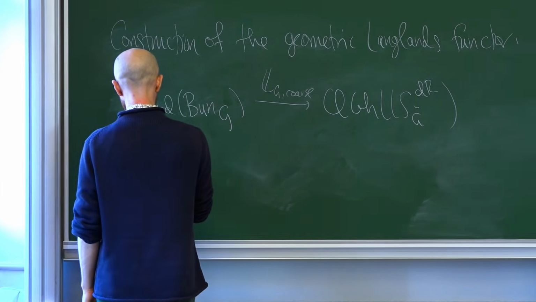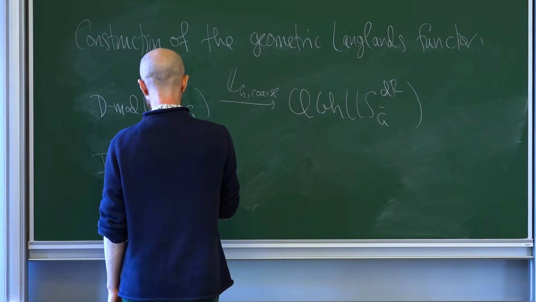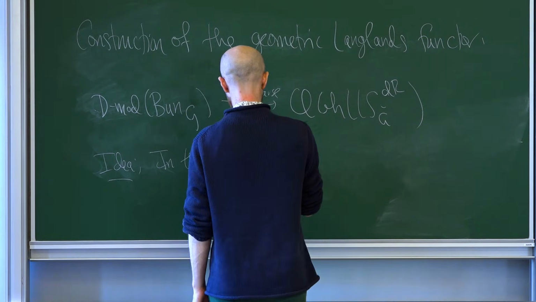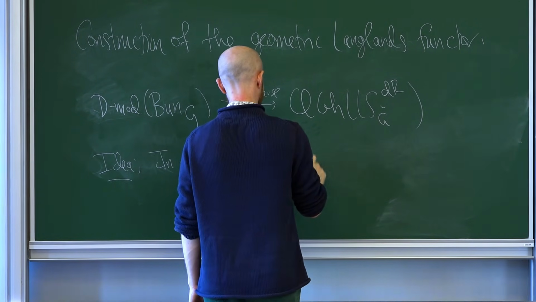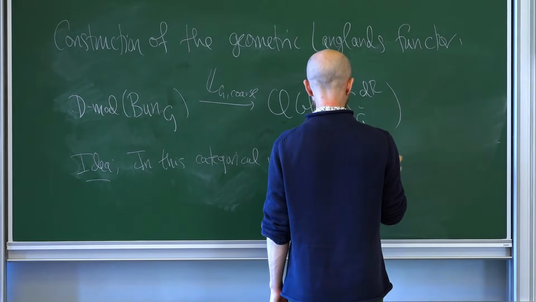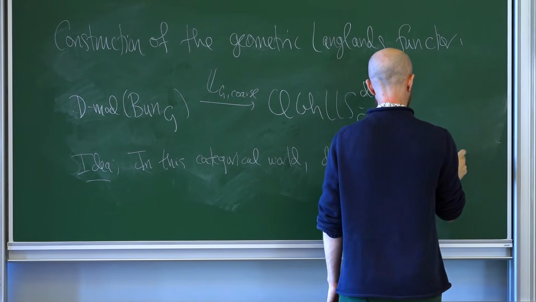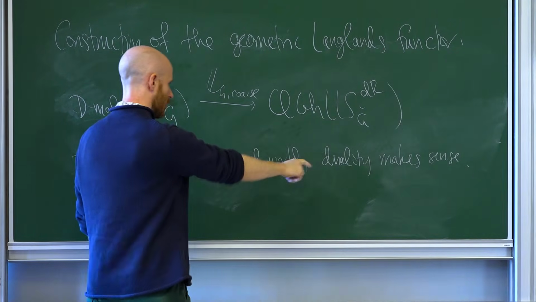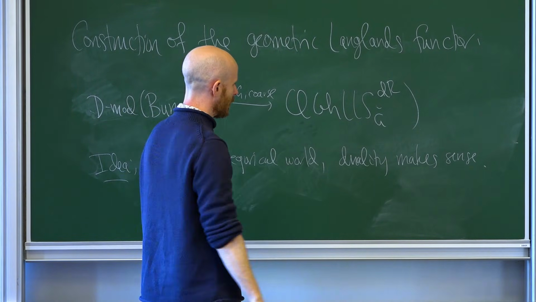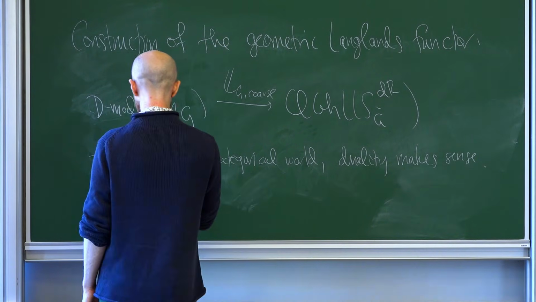Here's the idea. In this categorical world, you can talk about duality. You can talk about duals for categories. I've been writing this tensor product sometimes, and as soon as I have a symmetric monoidal structure, I can talk about duality.